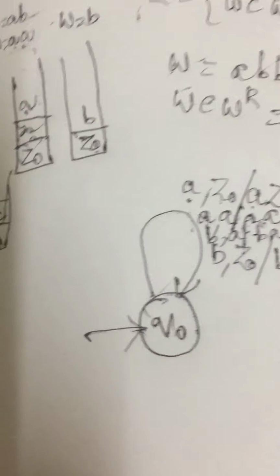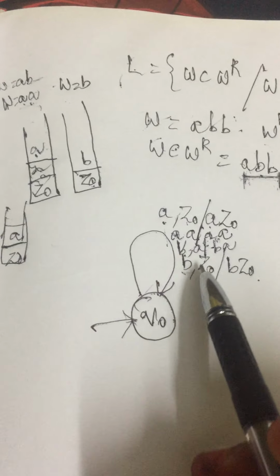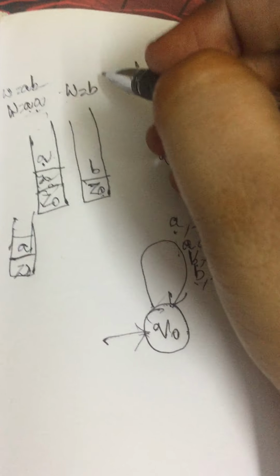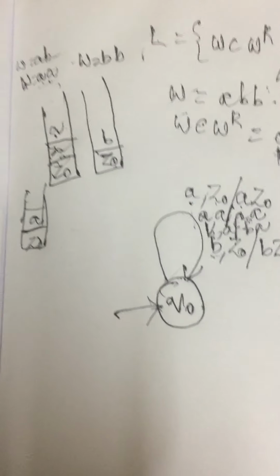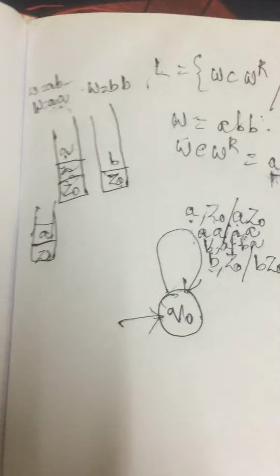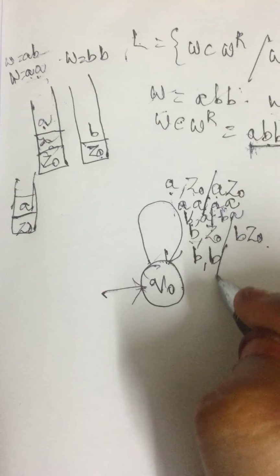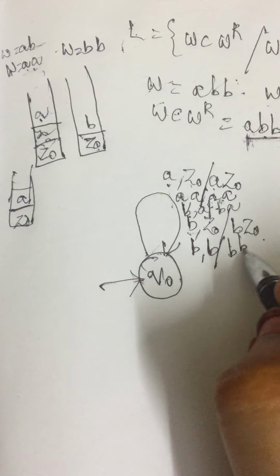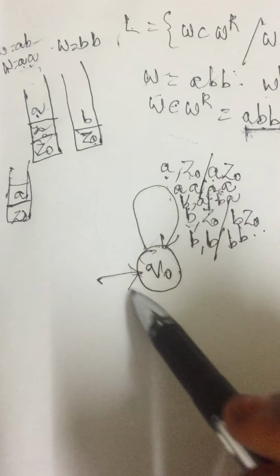Now, if the string starts with B, we have written one case here. Now, after the first B, if we are taking the second alphabet as B, then the present input symbol is B and the previous top of the stack was B. Now we need to perform the push operation because we are in the W part only.